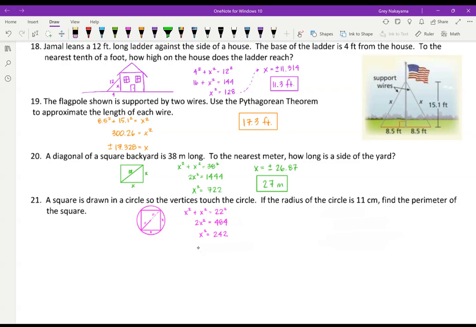And x equals plus or minus 15.56. Find the perimeter. Perimeter of a square is 4 times the length of the side. My side can't be negative, so that's going to be 4 times 15.56. And that's going to give me 62.2 centimeters.